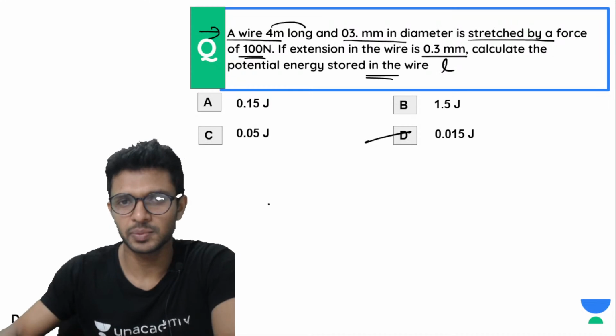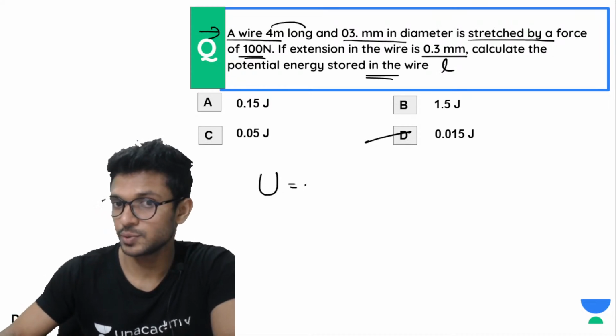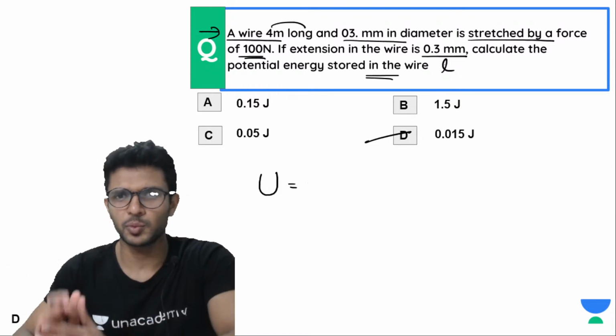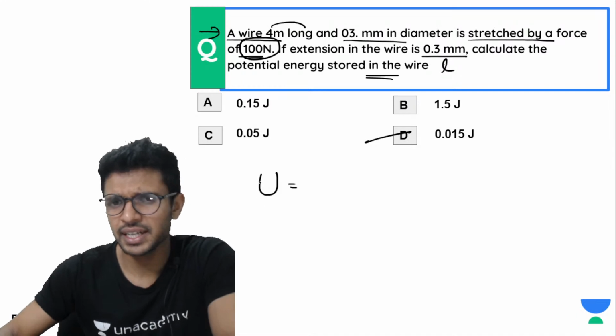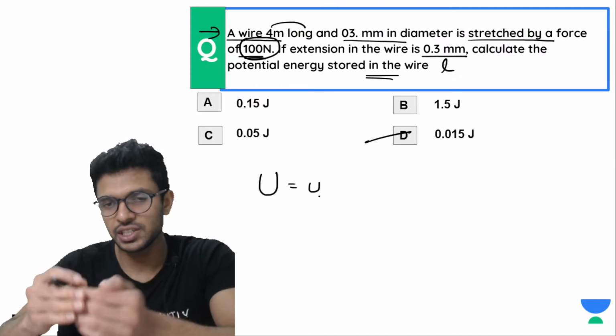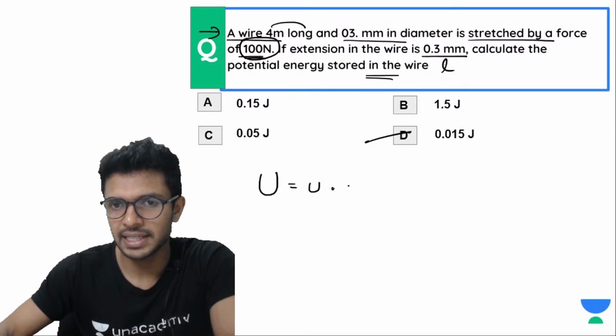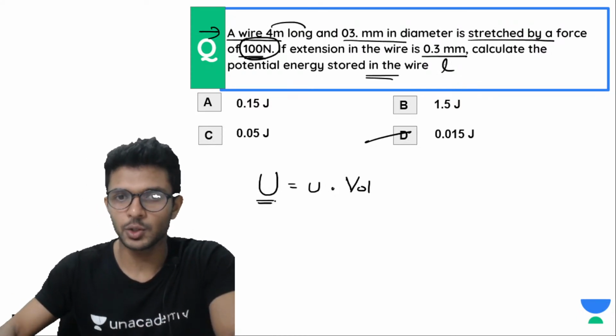Shall we do this? Simple. Total potential energy, we have different formulas, right? As we have force here, you can write potential energy is equal to potential energy density, meaning potential energy per unit volume, multiplied by volume. U is potential energy per unit volume multiplied by volume will give you total potential energy.